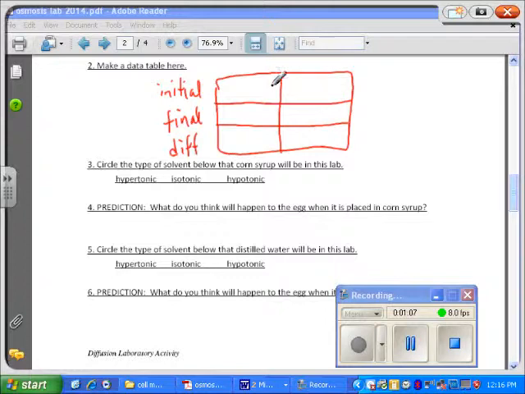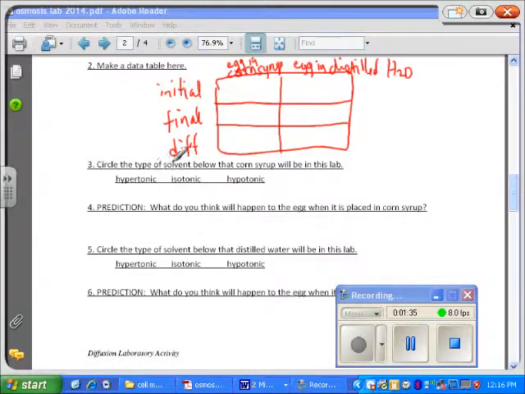This is going to be the weight of the eggs, and you want to put one that's in corn syrup, and you want to have one with an egg in distilled water. Maybe you can use a plus for the one that got bigger and a minus for the one down here that got smaller. This I didn't write very well. It's corn syrup.